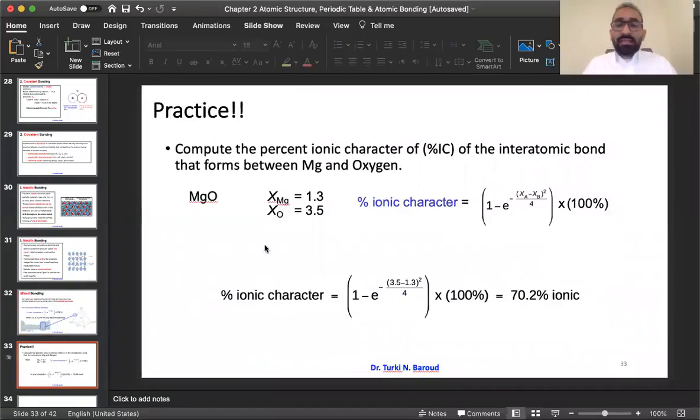Before we end this class, let's take this quick example. If you take magnesium oxide, we want to know the ionic character in the relation between magnesium and oxygen: whether it's purely ionic, purely covalent, or a mix between the two.